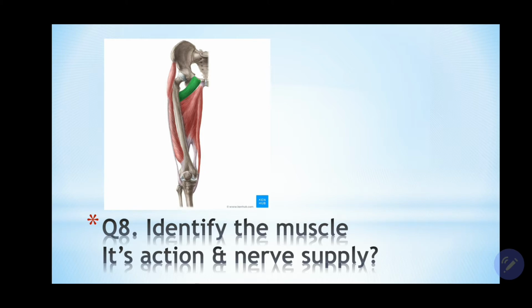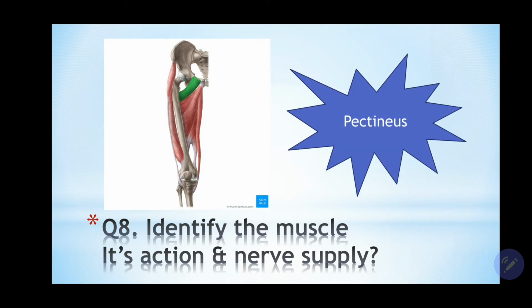I believe by now you must have got it, that this muscle is Pectineus. You can see here, its origin is from the pectineal surface of the pubis, and its fibers descend downwards and laterally, and get inserted on the uppermost portion of the linea aspera on the medial border, right in continuation with the lesser trochanter, or you can say right in continuation with the iliacus.